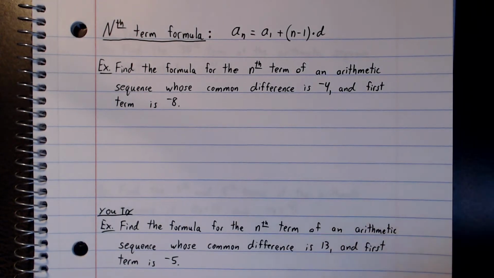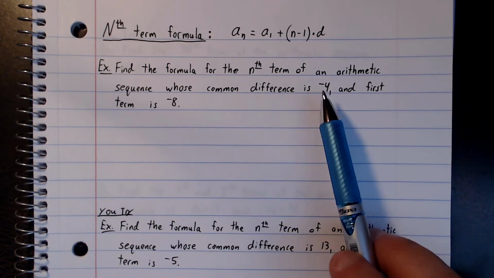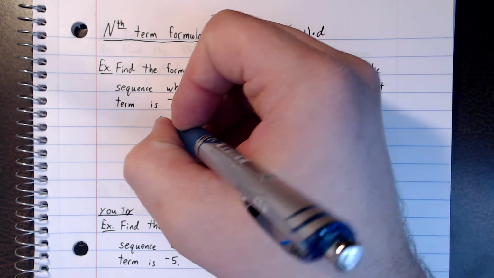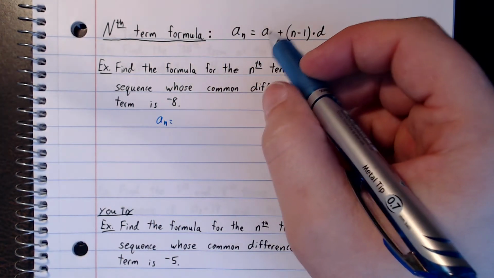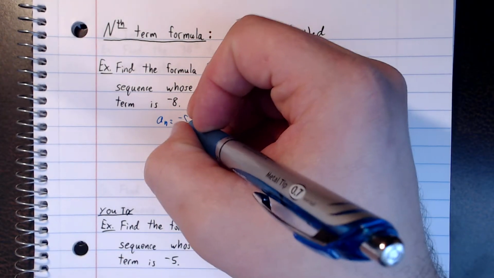Okay, so what we've got to do is figure out what the common difference is. Right, that's the very most important thing, and they actually give that to us. So we're going to start plugging in some values here, right? And a sub 1, they told us our first term is -8.